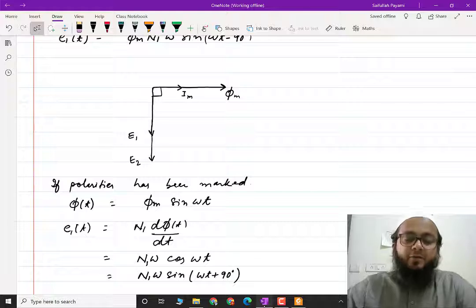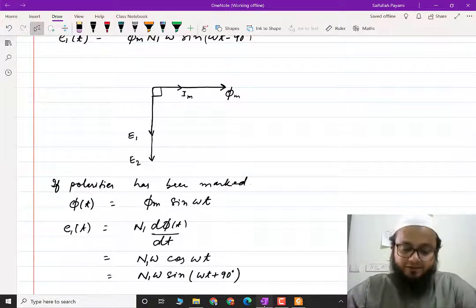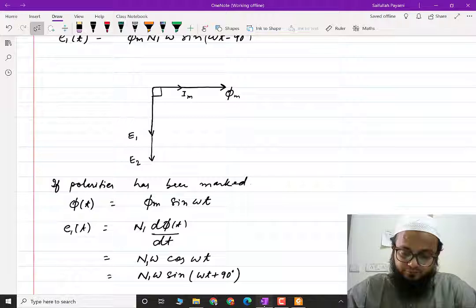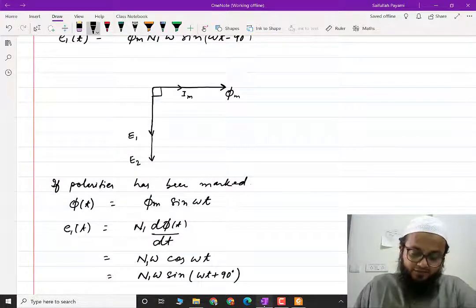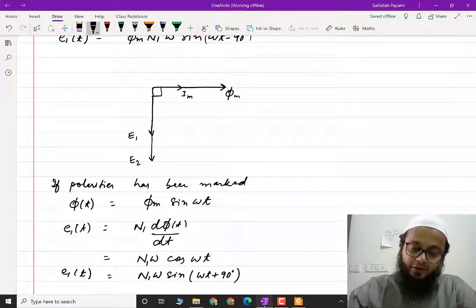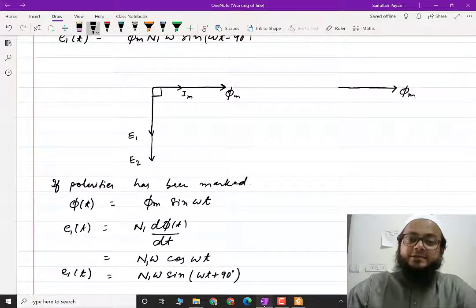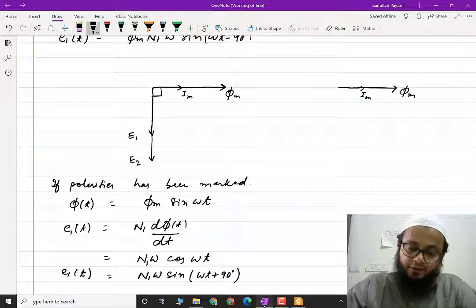So in this phasor diagram, where would be V1? There are two conventions of it. If we have marked the polarity, then to draw the phasor diagram, say this is my phi m flux, and the current, obviously only I naught or Im here, is in phase with the flux.